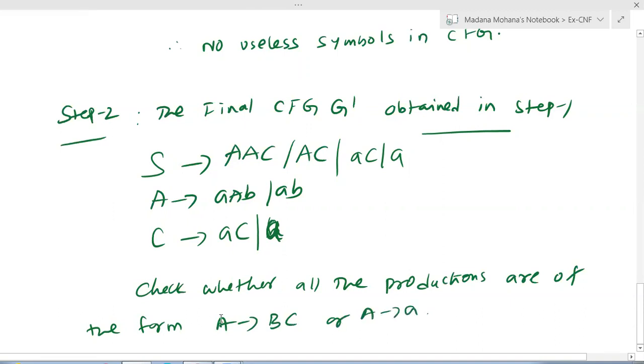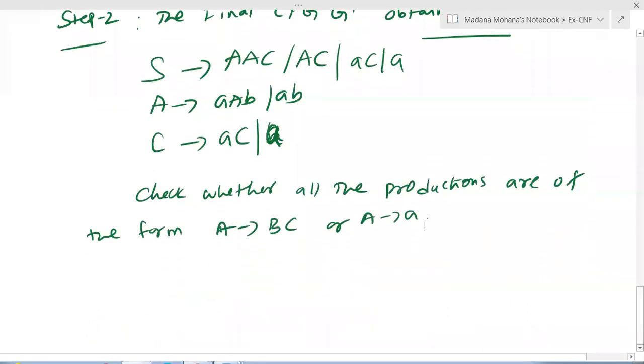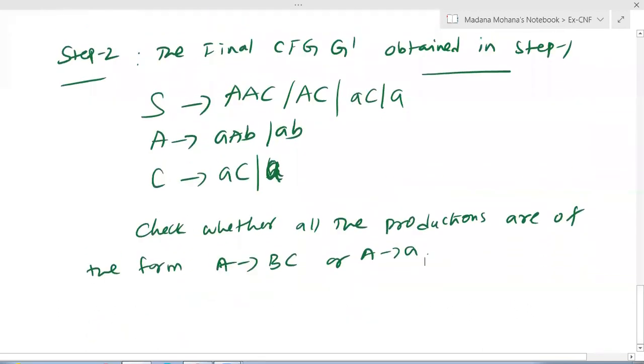So if all productions are any one of these two forms, then you can say the grammar is in Chomsky normal form. But you can check S productions. S derives AC: here you can see two variables. Then S derives terminal A, a single terminal. So only these two productions are in the required form.